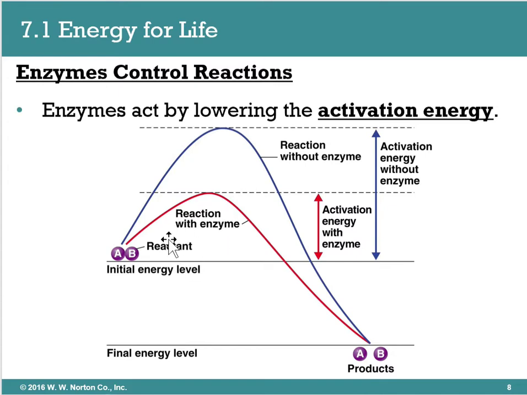Whereas if you add an enzyme, you lower the activation energy, meaning that it gets to the point of metabolism a lot quicker, and you still produce the same amount of products. So on an exam, I want you to be able to explain the purpose of an enzyme. The purpose of an enzyme is to lower activation energy. That's the main purpose. Meaning that enzymes lower the amount of energy needed to get to the final product that you desire.